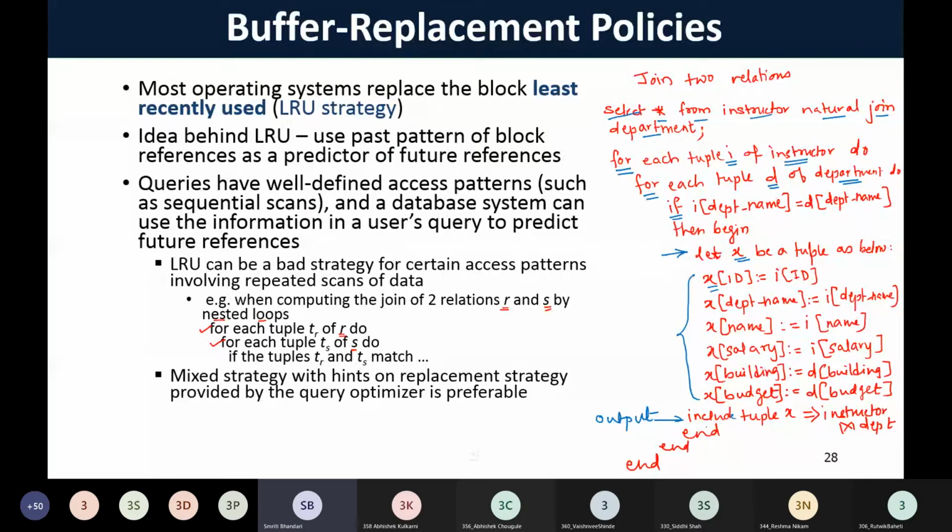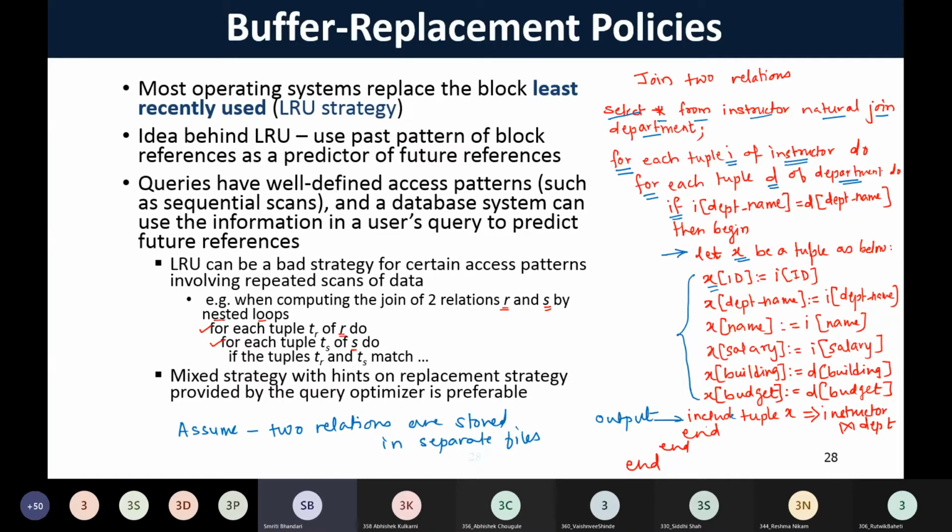Okay, now let us assume that these two relations are stored in separate files. So obviously the data in instructor relation and the data in department relation are stored in different separate blocks in the disk.